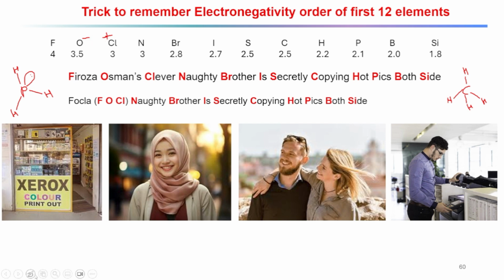So for that reason, it will be handy to remember the electronegativity order of the first 12 elements. And I always remember these first 12 elements. There might be some more metals in between, here or somewhere here, but you may not need to know those.